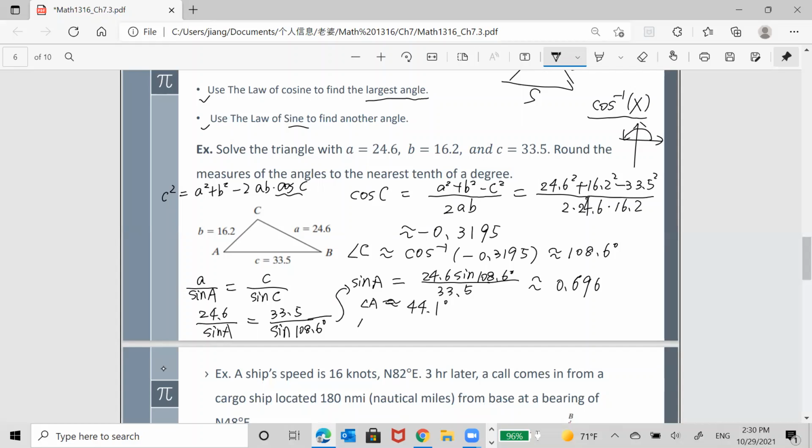So I can do the summary. Angle A is 44.1 degrees.